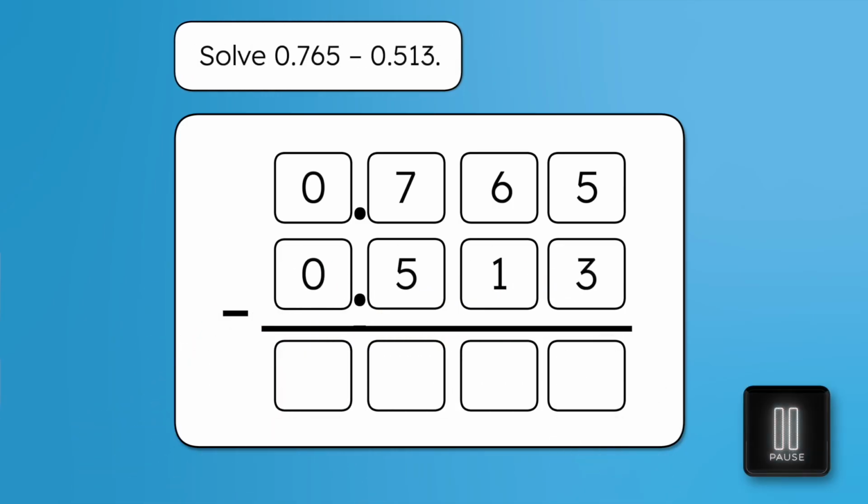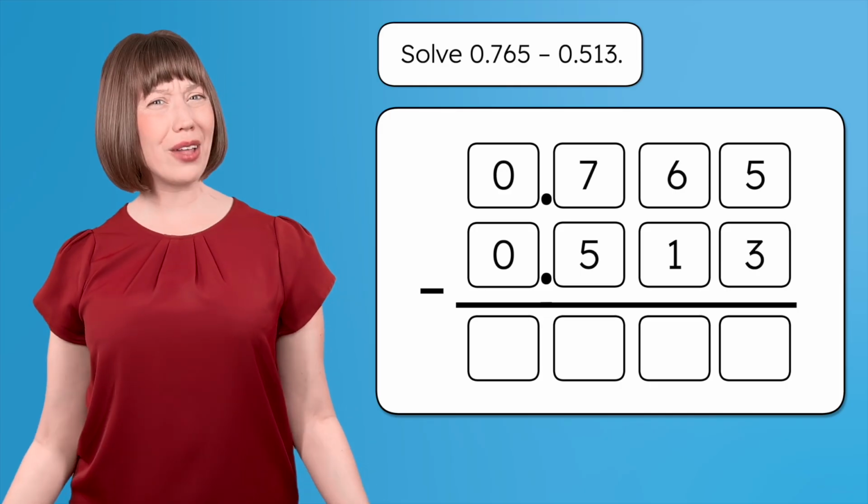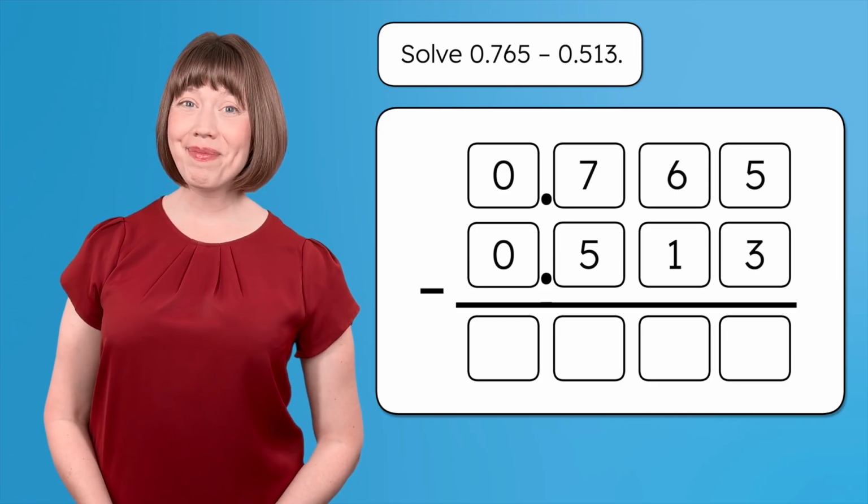Pause here to solve 765 thousandths minus 513 thousandths in your guided notes. Which place value do we subtract first?